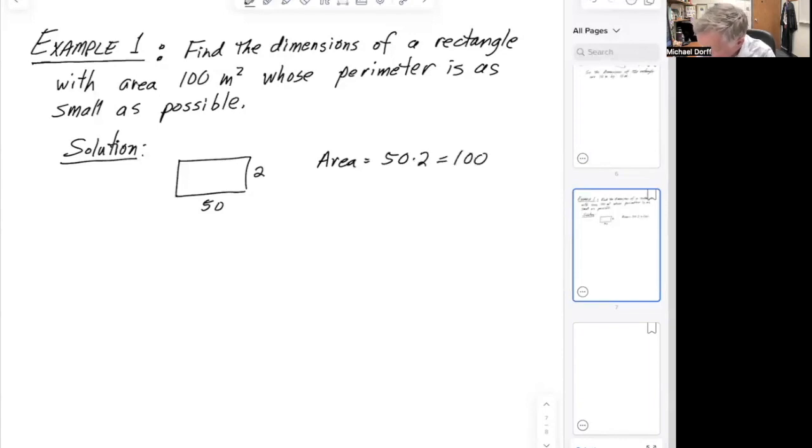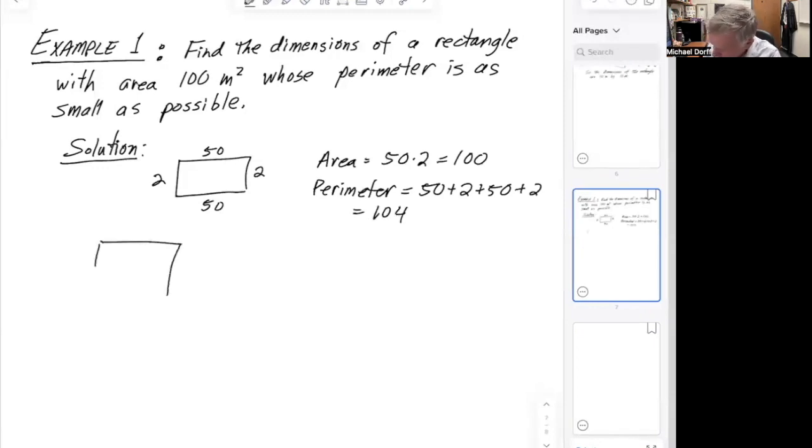And what would the perimeter be? Well, the perimeter is the distance all the way around. So we have 50 on one side, and then we have 2 on the right side. On the top, we're going to have another 50. And on the left side, we'll have 2. So if we add those all together, we get 104.